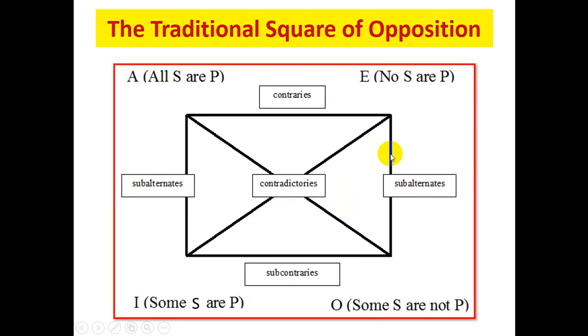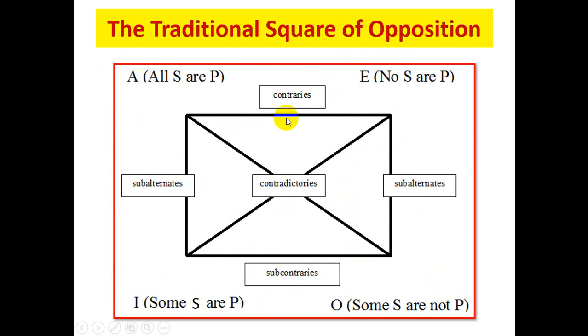Anyway, what about this square? It is a diagram like this. Okay, approximately it is a square. In the end, it indicates the relationship between the four types of proposition tackled before.